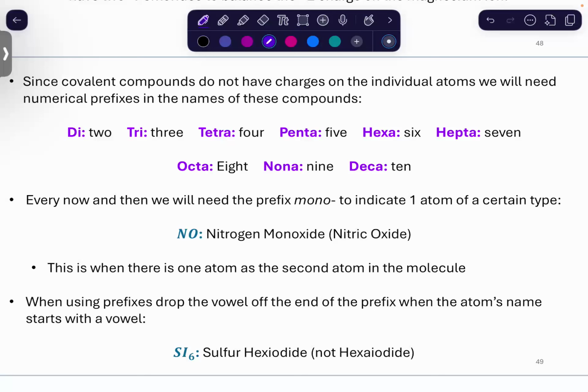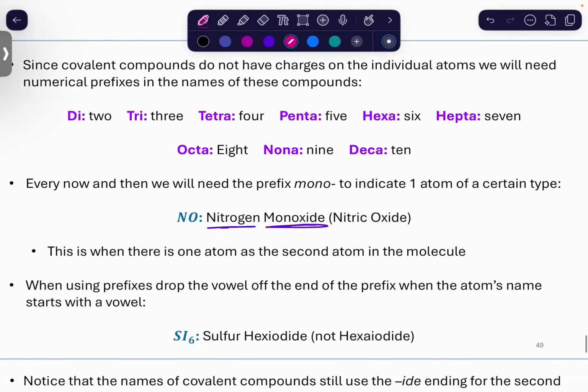So here, for example, you see NO, and this is a special prefix here. So this one is called nitrogen monoxide. So mono is the prefix for one, but you notice that I have oxide, not monooxide.